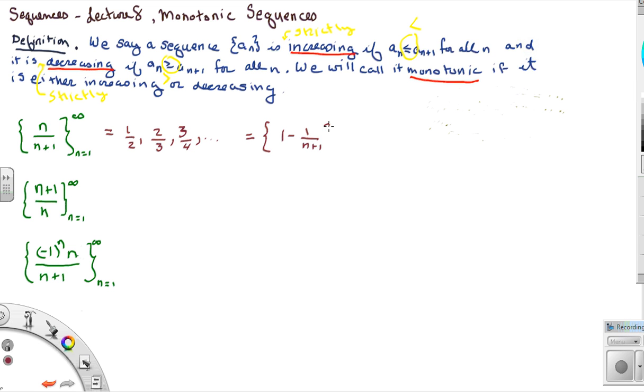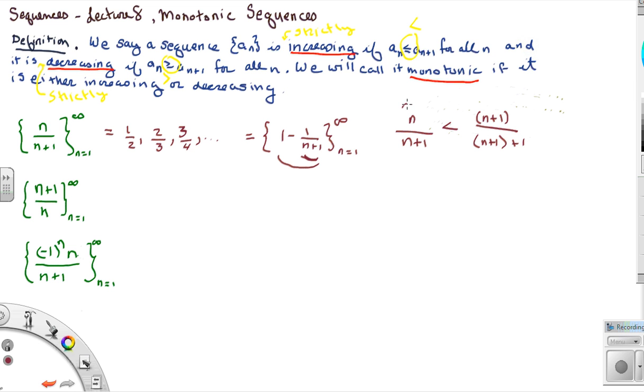When we wrote it that way, we were able to see that as n gets bigger, this term gets smaller, and so this whole term gets bigger. First off, this is always less than 1, but second, it's increasing. n over n plus 1 is less than, in this case strictly less than, n plus 1 over n plus 1 plus 1.